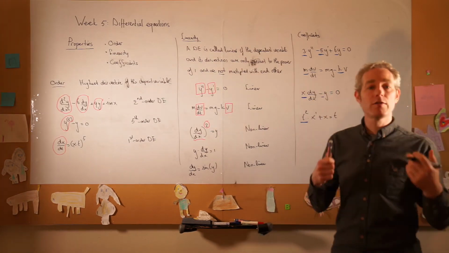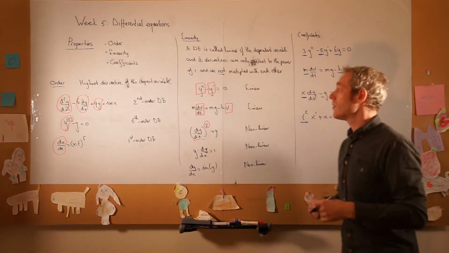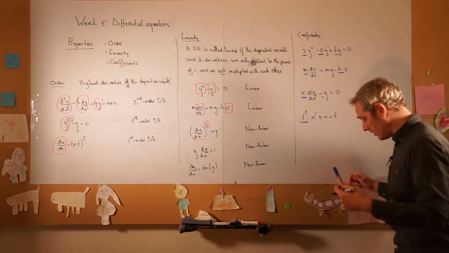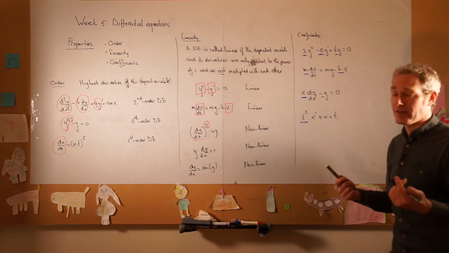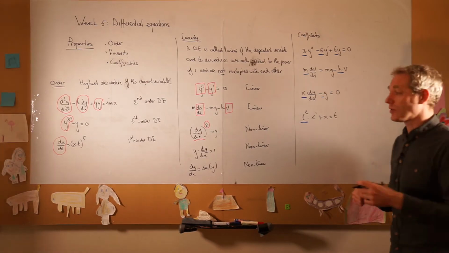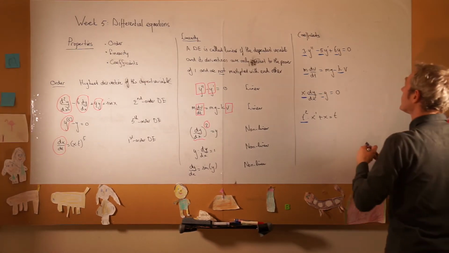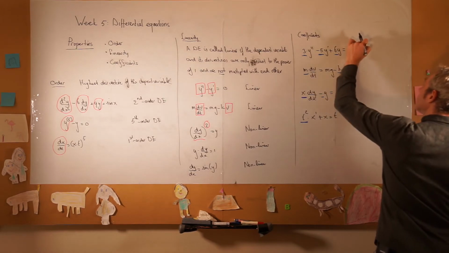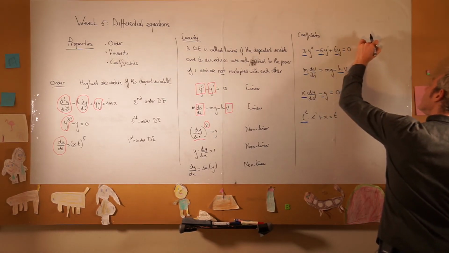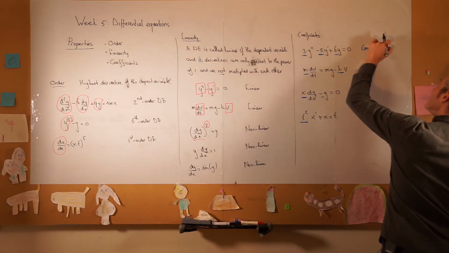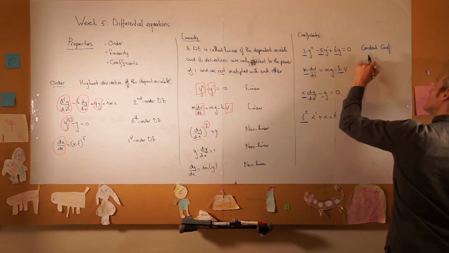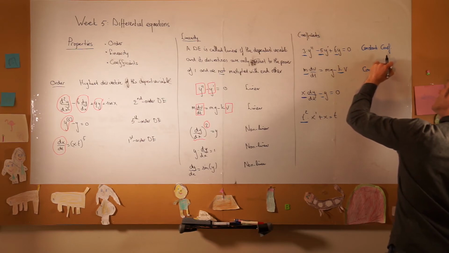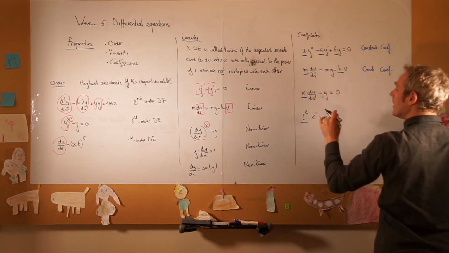Now, if these coefficients are constant, we have a linear differential equation with constant coefficients. And otherwise we have a linear differential equation with non-constant coefficients. So this first one here has constant coefficients. The second one has constant coefficients as well.